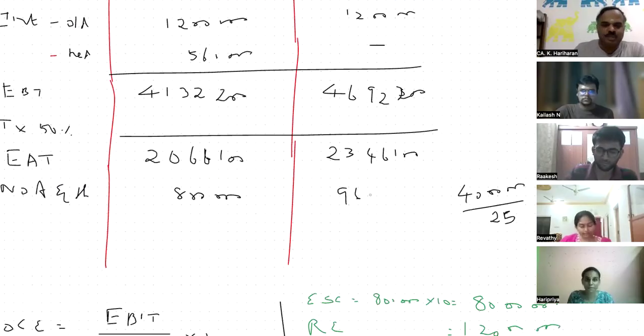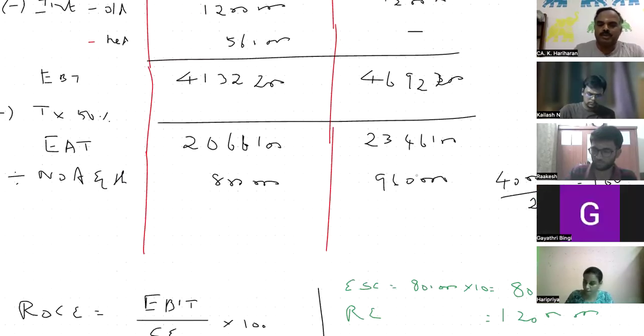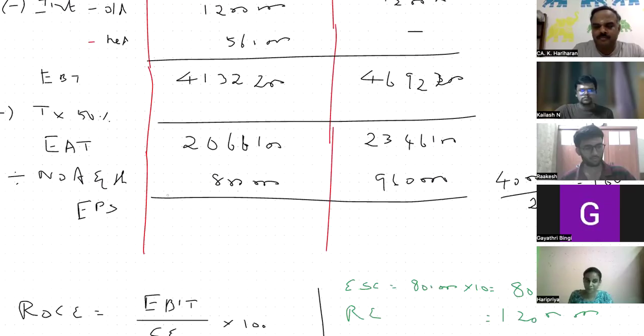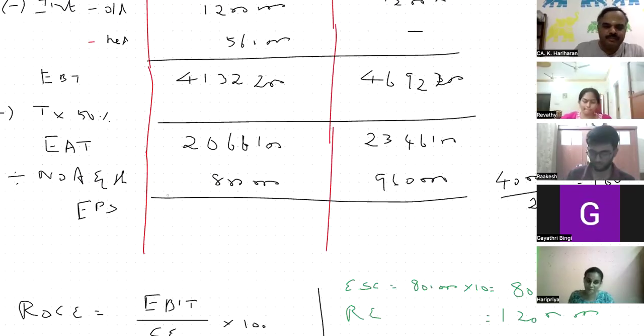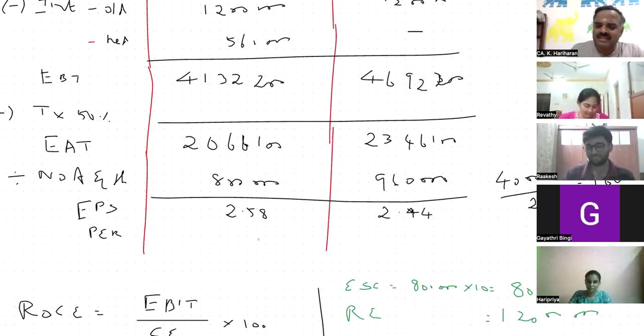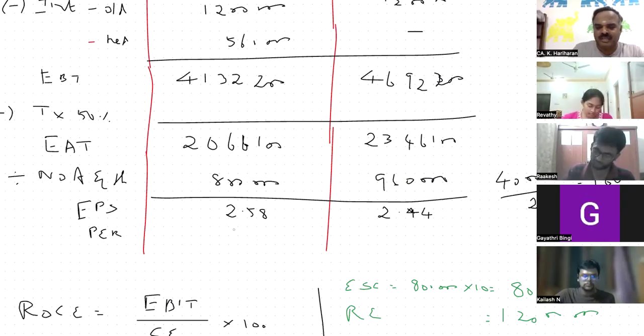Therefore, what does EPS come to now? Earning per share in the first case is 2.58 rupees, and in the second case 2.44. Now the price earning ratio: in the first case how much? 8, because the ratio crosses 35%, so 8 is the price earning ratio.